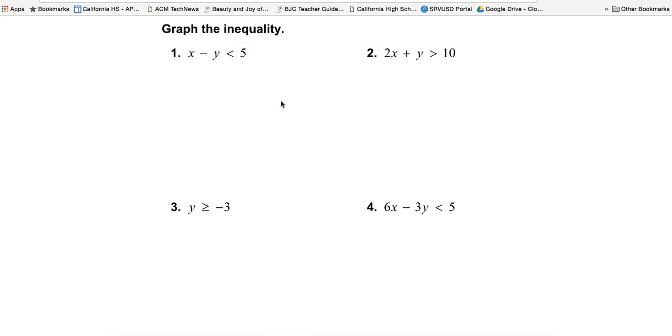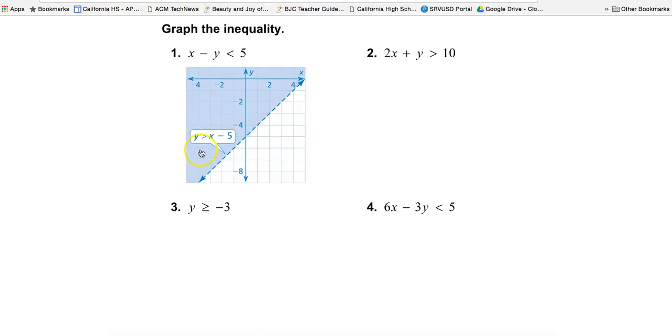So let's go ahead and look at our solution here. In this one, we get y greater than x minus 5, so we shade above. We plot our line. It has a y-intercept of negative 5 and a slope of 1, and we shade the region above that. Now I'm going to put up the other solutions here so you can graph a couple of these and see if you get them correct.